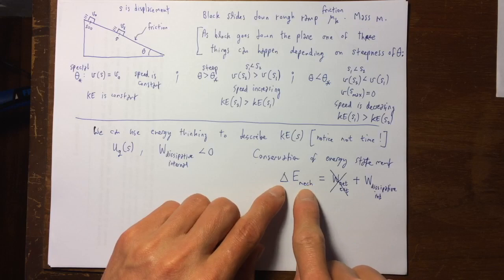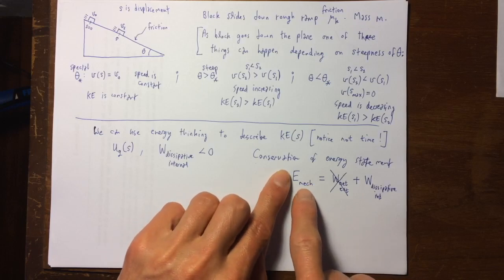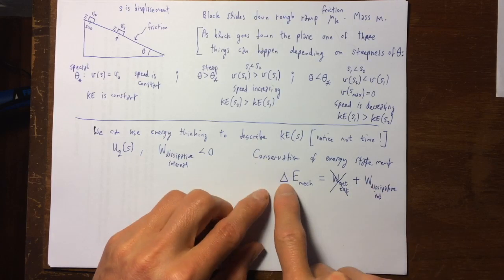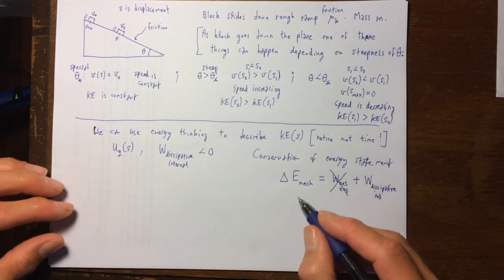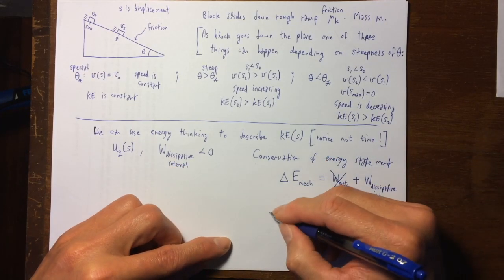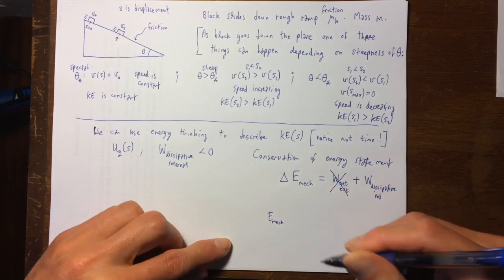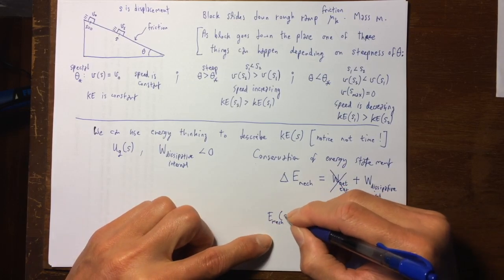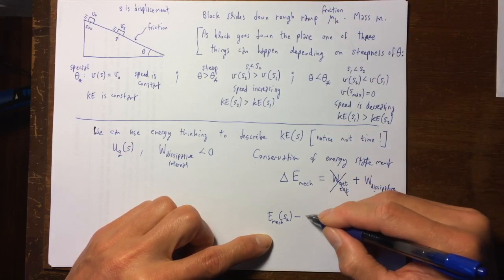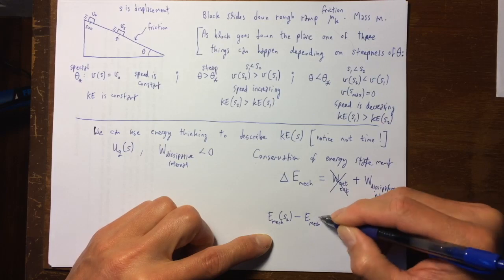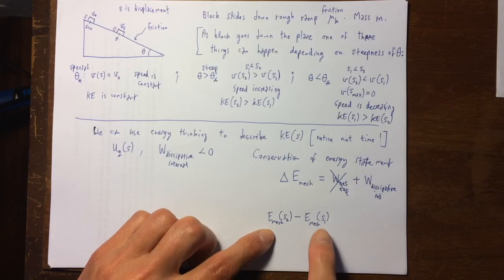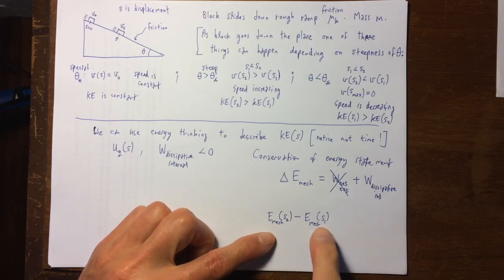So you notice it's not the mechanical energy that is equal to the work. It's the change. Let me expand this a little bit and say that the mechanical energy at a further down position, S2, that's bigger than S1, minus the mechanical energy at an earlier or further up position, right? This is how the energy is changing. It's changing as I go down the plane.